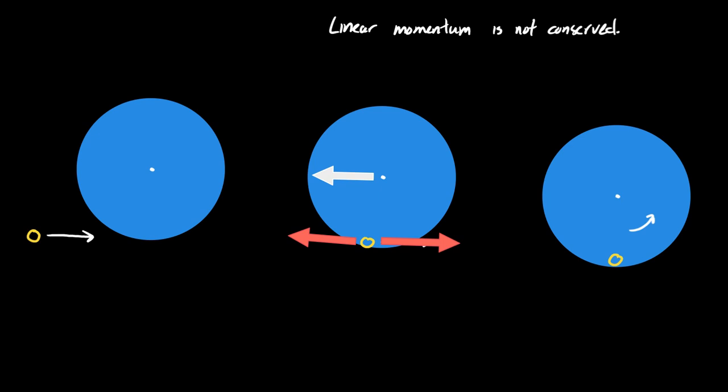So there must be something about the kid's motion that could be used to help us predict what happens to the merry-go-round. And what we say is that the kid, although has linear momentum before the collision, we also say that the kid has angular momentum relative to the merry-go-round.